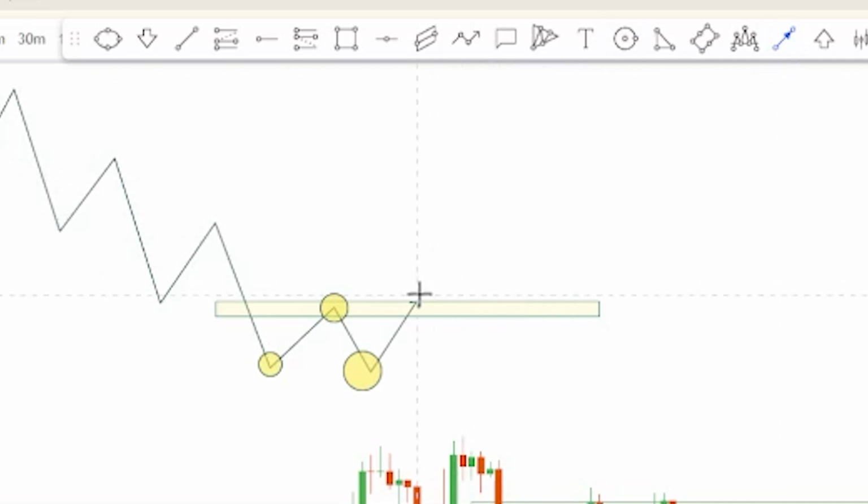So if the market breaks out above the resistance, which is the neckline of the double bottom, we can enter from this area and take at least a TP with the same distance as the formation of the double bottom.